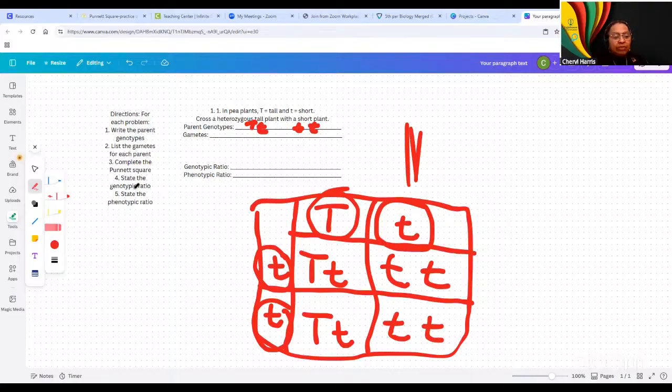Now we have to state what the genotype is. We do that by looking in the boxes. Right now we have big T, little t, and we've got 2 of them. And over here, we've got a little t, little t, and we've got 2 of those.